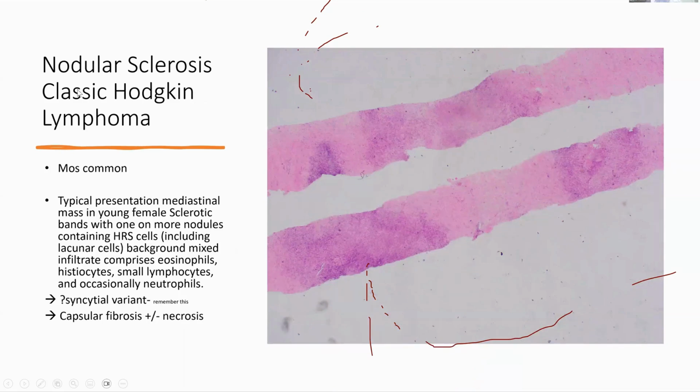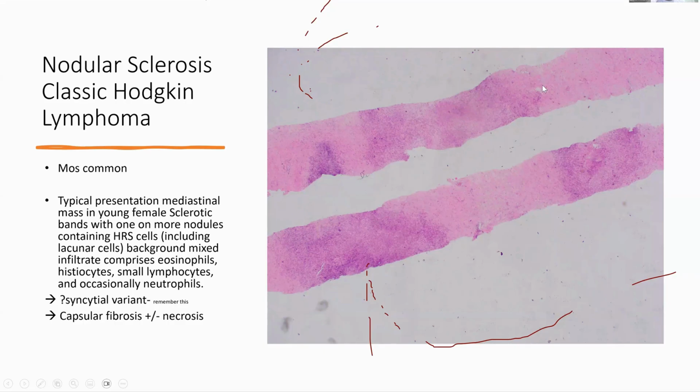So the most common type is the nodular sclerosis classic Hodgkin's lymphoma. What we can see typically is thick fibrous bands, ideally hypocellular areas, and then you will have areas of hypercellularity.